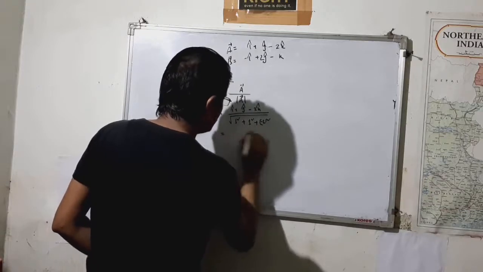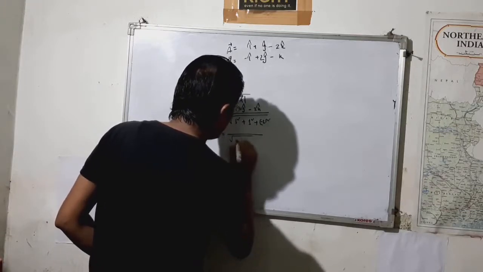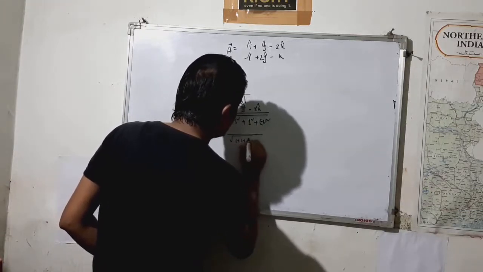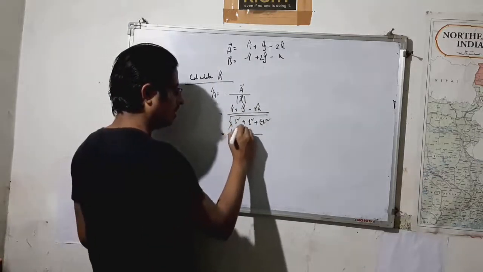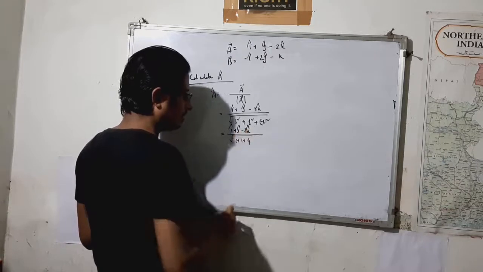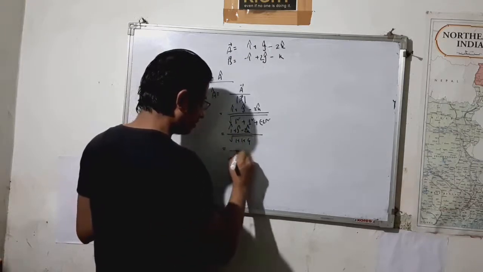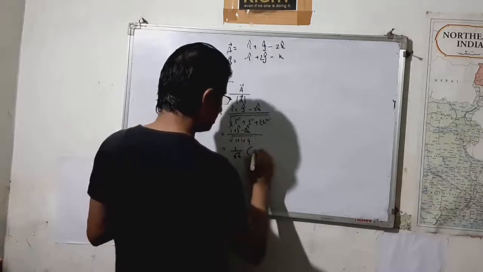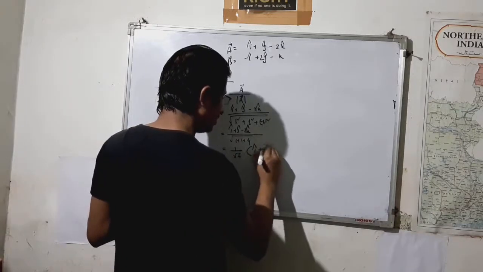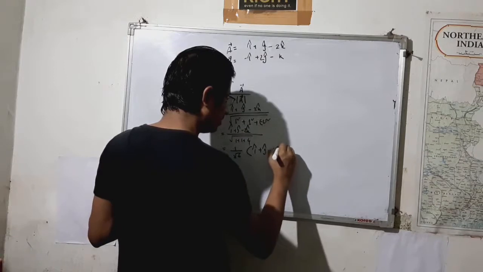So square root of 1 plus 1 plus 4, that is square root of 6. So A cap is 1 by root 6 times (i plus j minus 2k).